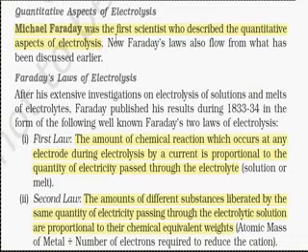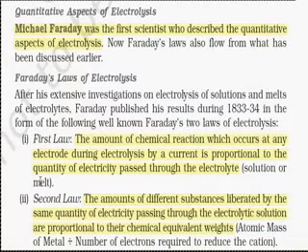Quantitative aspects of electrolysis. Michael Faraday was the first scientist who described the quantitative aspects of electrolysis. Faraday's law of electrolysis. First law: the amount of chemical reaction which occurs at any electrode during electrolysis by a current is proportional to the quantity of electricity passed through the electrolyte solution or melt.